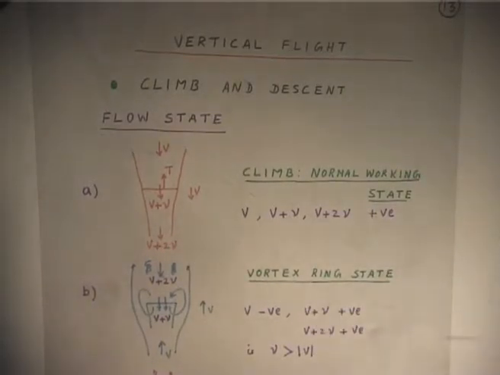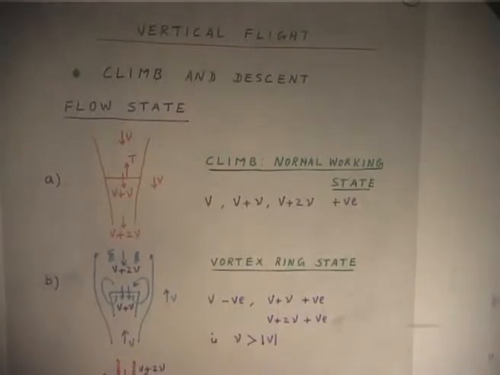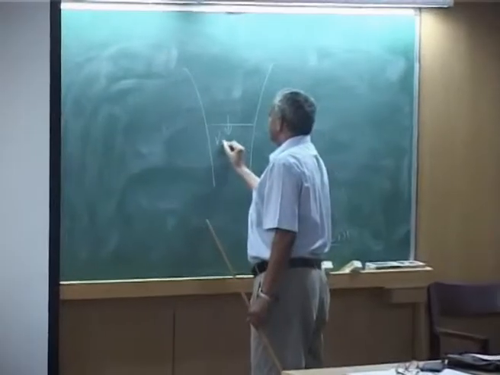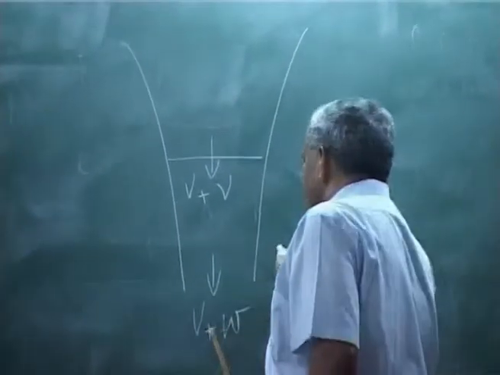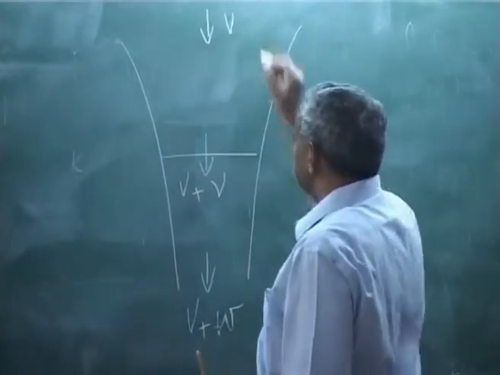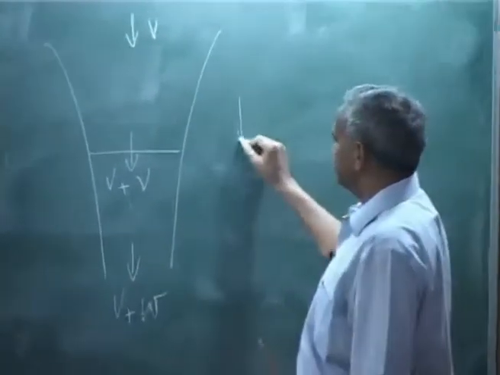I put V plus 2 nu, but then we will prove that that is actually 2 nu, because V plus w you will write, it is like this.